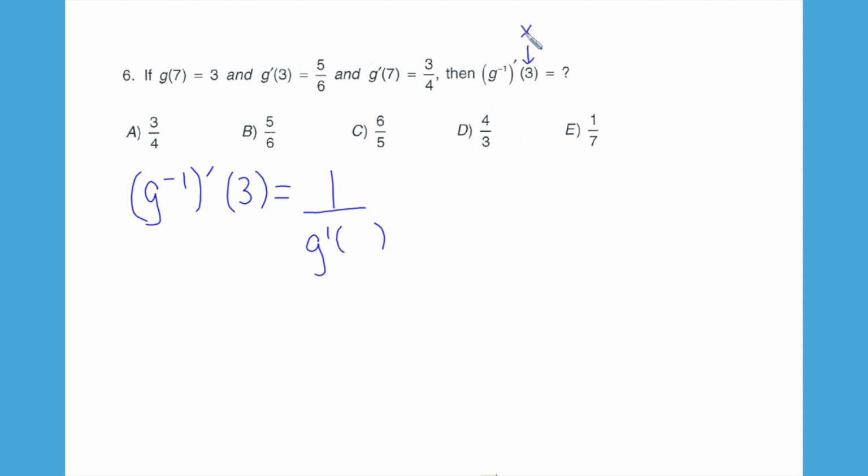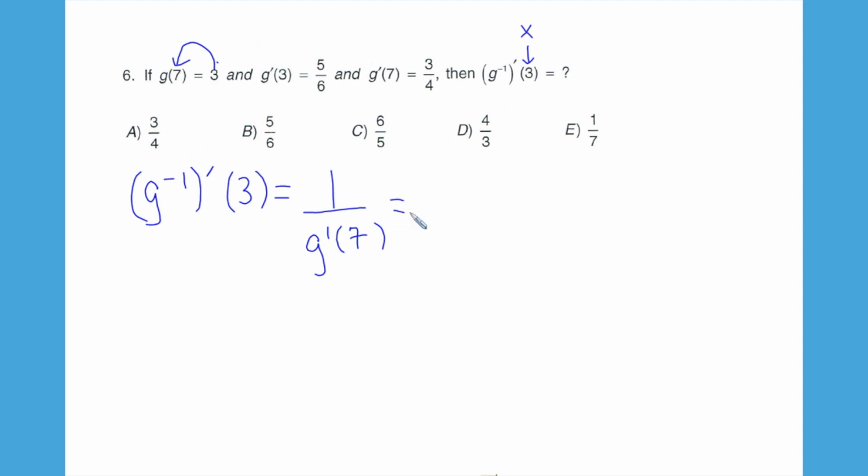I need to know when this function, the original, has that y. So this is the y here for that x. That is the value that we want to find, because the derivative of the inverse at 3 is a reciprocal of the derivative of the original at the other point when you switch them.